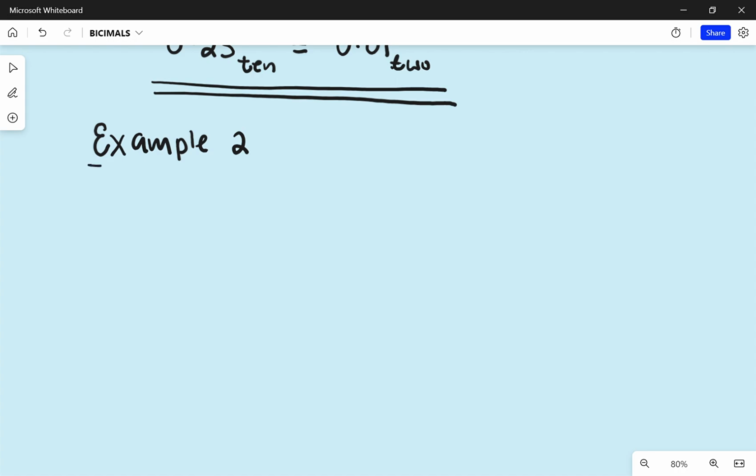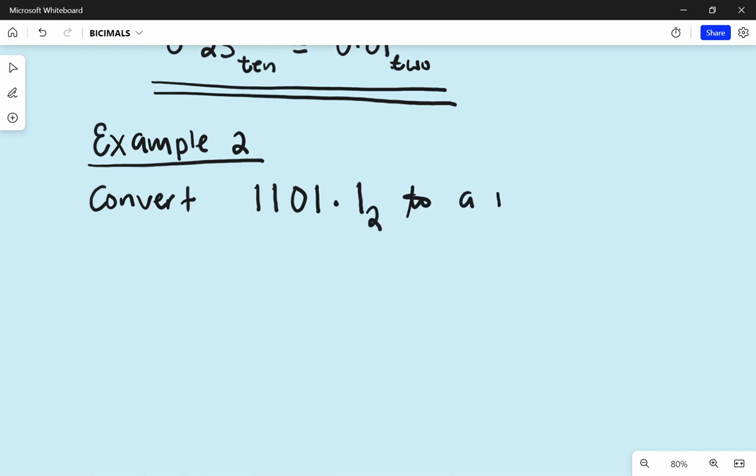Convert 1101.1, base 2, to a number in base 10.